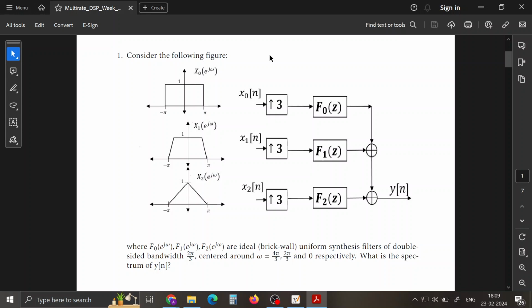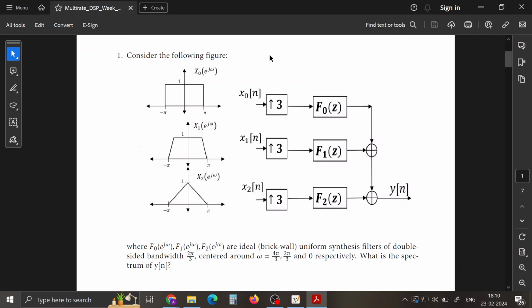So, we have been given three input sequences x naught of n, x1 of n, and x2 of n. There are two figures. In the figure on the right, we have a block diagram where three input sequences are fed to an upsampler of factor 3. Then each is passed through three filters, f0 of z, f1 of z, and f2 of z. The sentence at the bottom says these are ideal brick wall, uniform synthesis filters.